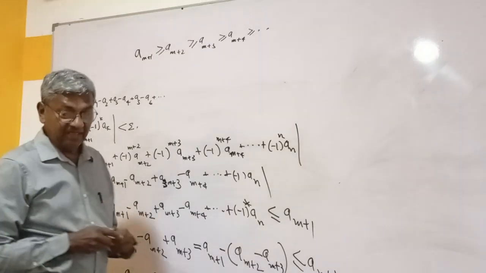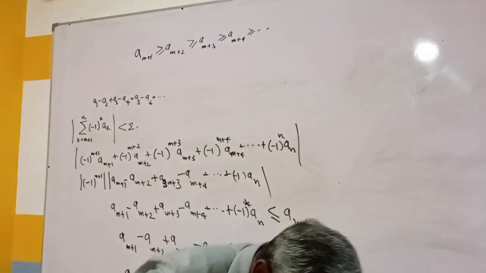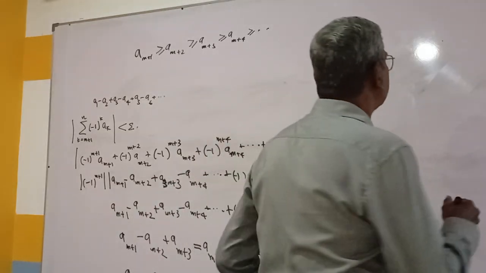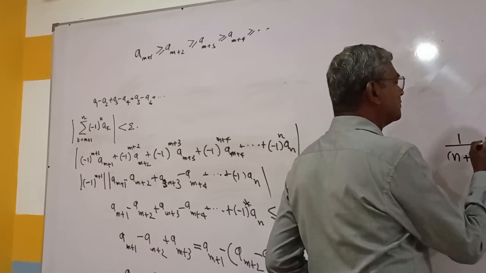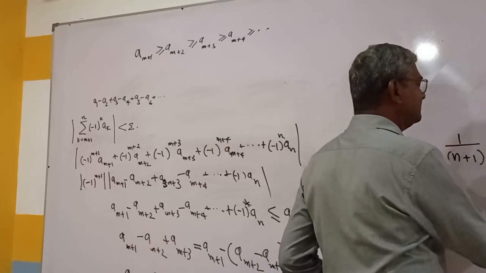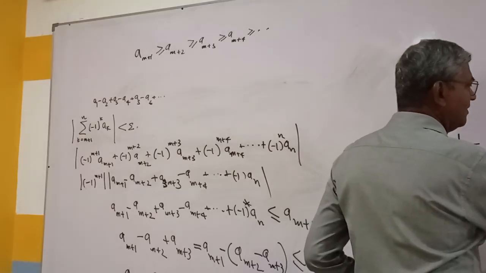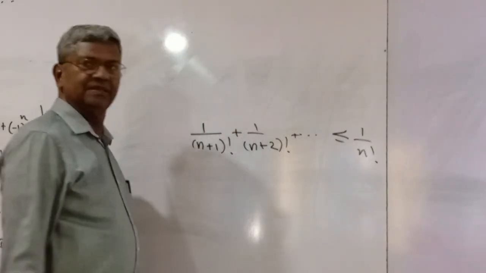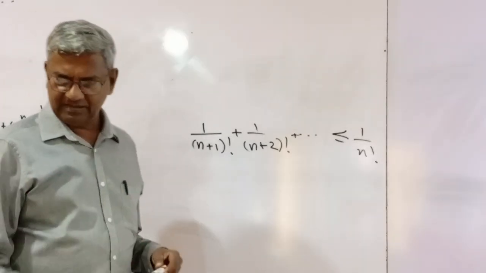So, that is something to be remembered, not only for the alternating series test. You know this one also, I guess. I write 1 over factorial (n+1), plus 1 over factorial (n+2), and so on. This is less than or equal to 1 over factorial n.